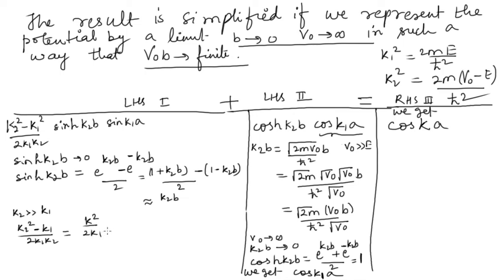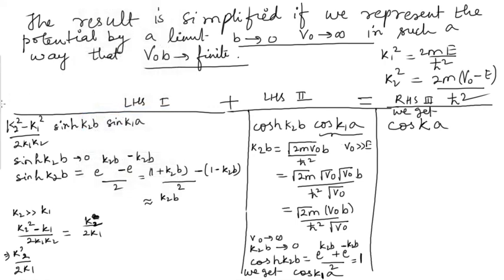Fine. So by writing all these three terms together, what do I get? Sorry, this is k2. k2 upon 2 k1.